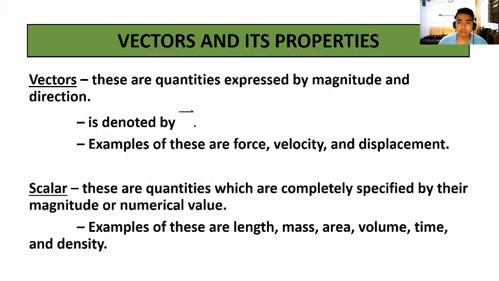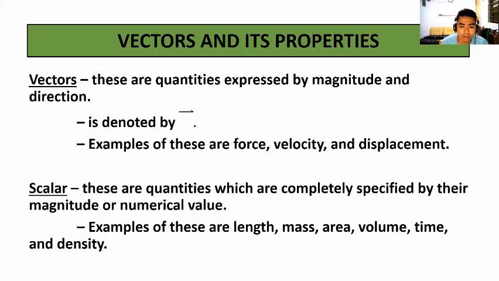Okay, now, let's talk about vectors and its properties. So when we say vectors, these are quantities expressed by magnitude and direction. So it is denoted by arrow. Okay. Examples of these are force, velocity, and displacement. And scalar, when we say scalar, these are quantities which are completely specified by their magnitude or numerical value.